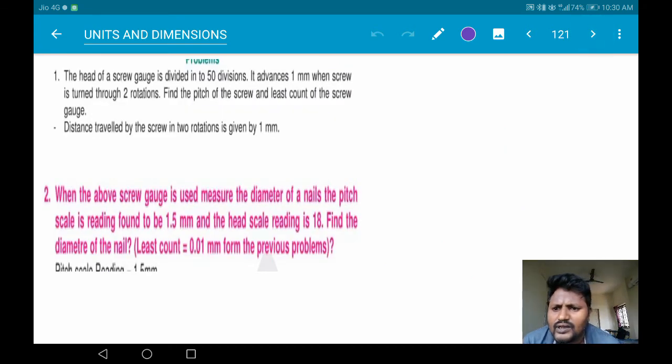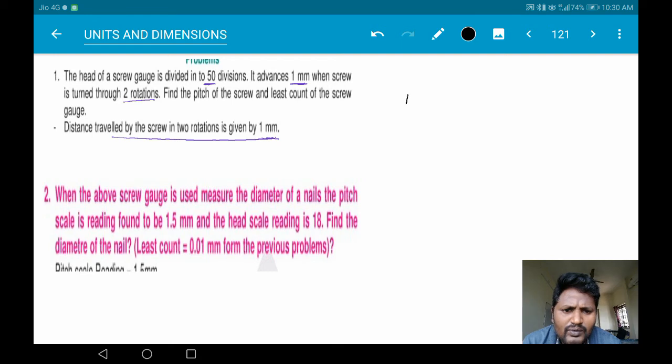Next one, the head of the screw gauge is divided into 50 divisions. It advances 1 millimeter when the screw is turned through 2 rotations. Find the pitch of the screw and least count of the screw gauge. Okay, one more hint is given. Distance travelled by the screw in one rotation is given by 1 millimeter. So our aim is to find the pitch.